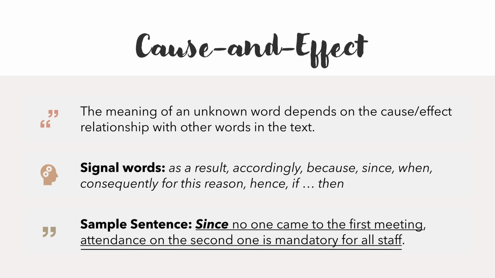The sentence is, since no one came to the first meeting, attendance on the second one is mandatory for all staff. In this sentence, the author explains the reason of the mandatory attendance, and it is all because no one came to the first meeting. So there is a cause and effect relationship.